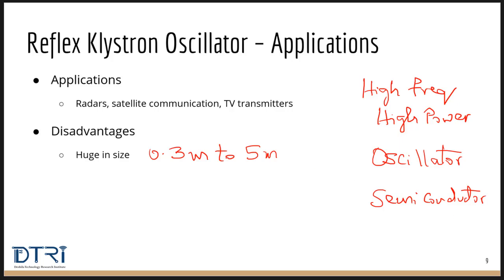In today's era of mobile devices like mobile phones, laptops, and IoT devices, it is impossible to put a klystron in them due to its size. Further, the mobile and IoT devices are low-powered devices, and klystrons cannot run on batteries.